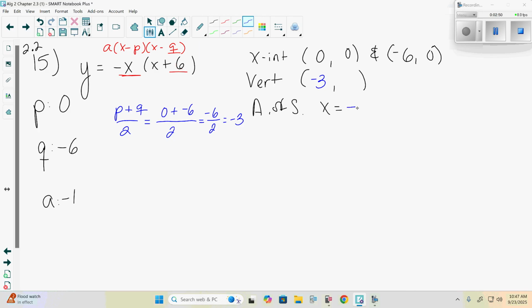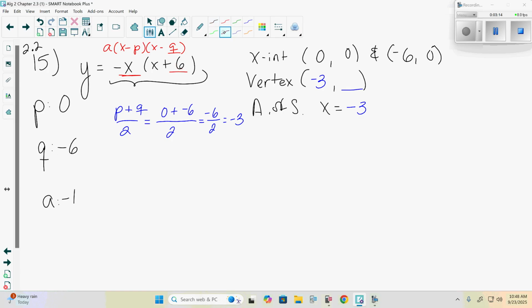It also gives us the equation for the axis of symmetry, because our equation for axis of symmetry was x is equal to P plus Q over 2. Now the last thing we need to do is find the y value of the vertex, and to do that, we're just going to plug negative 3 back into our equation.